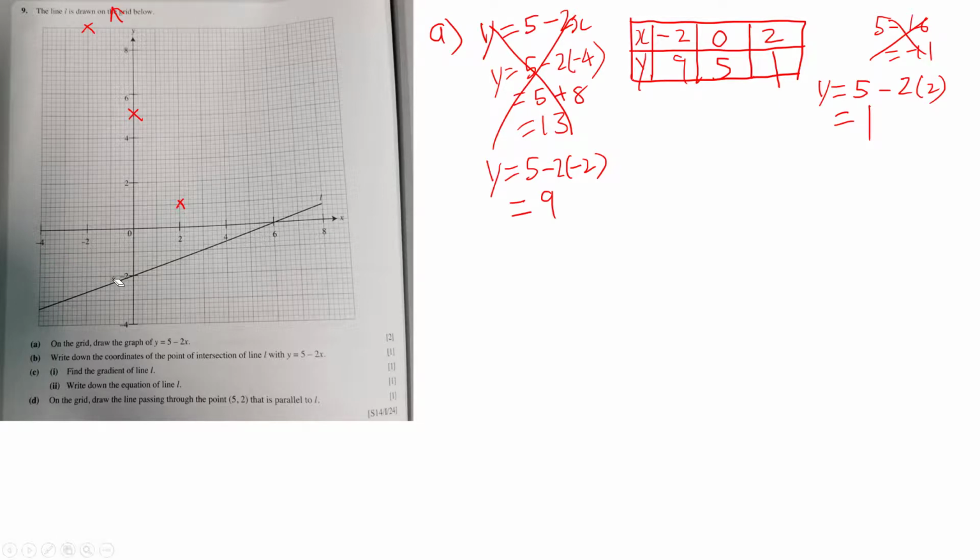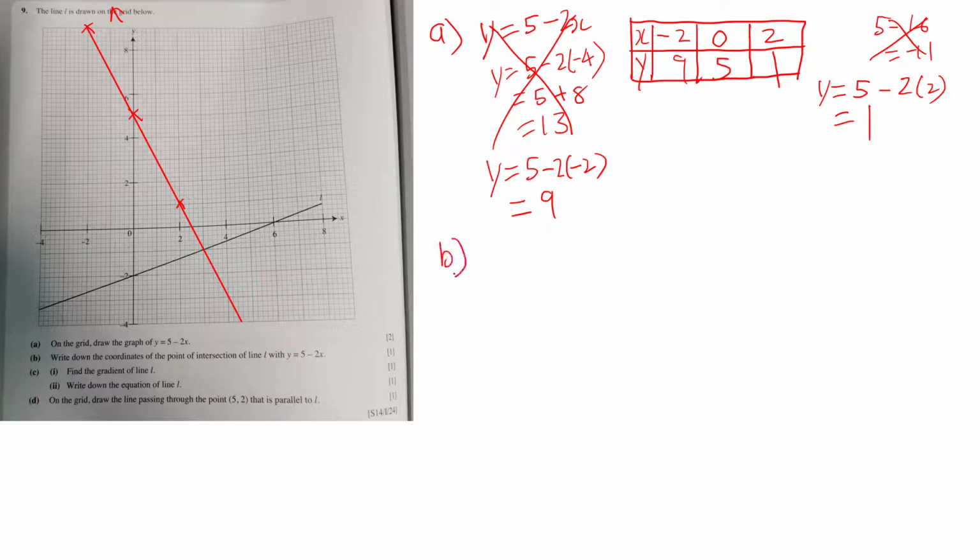Just make sure that it cuts this line. Draw a line so that it extends beyond the 3 points that you have plotted out. So I will get this line, and that will be my answer for part A.